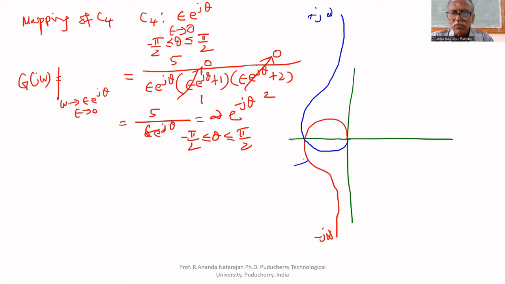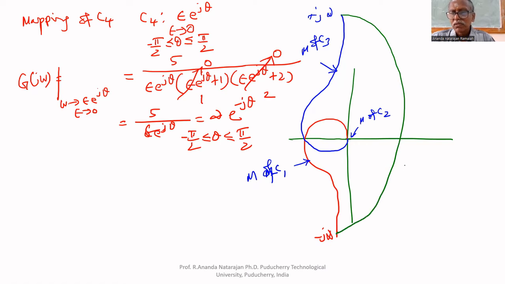This is the mapping of C1, and this is the mapping of C3. The mapping of C2 is a dot at C1. This is the mapping of C2, and this is the mapping of C4. Its radius is infinity, and it varies from pi by 2 to minus pi by 2.